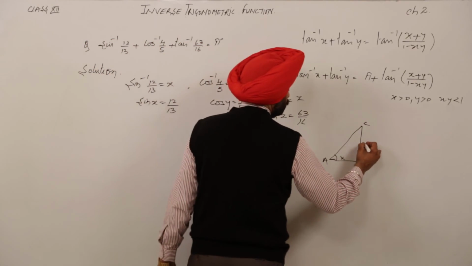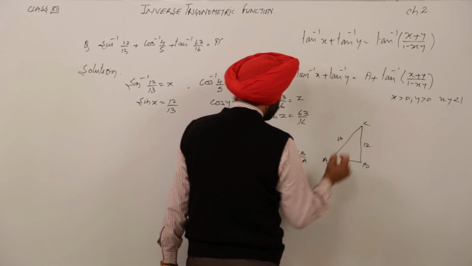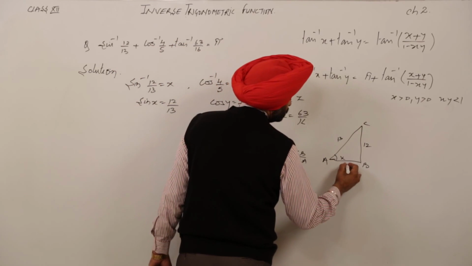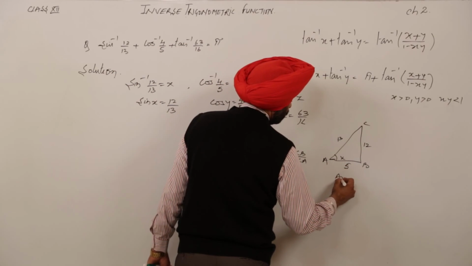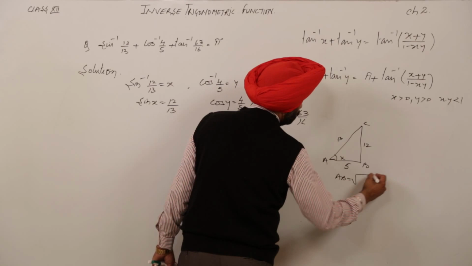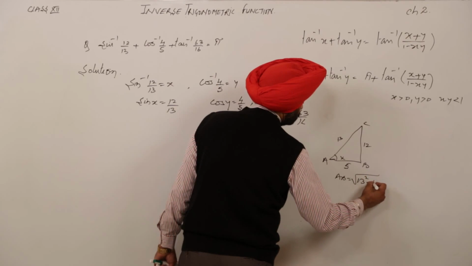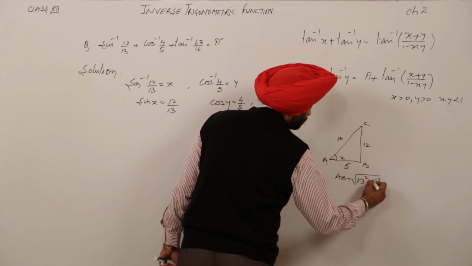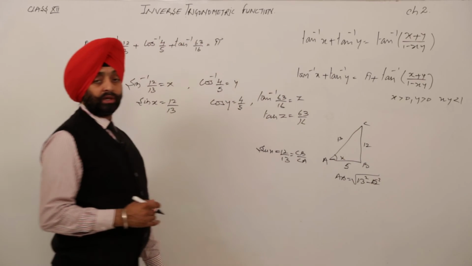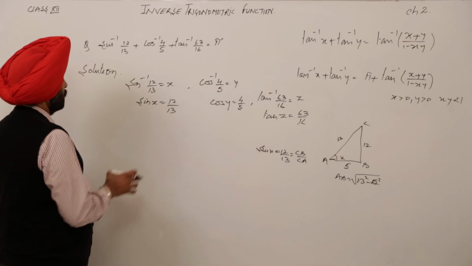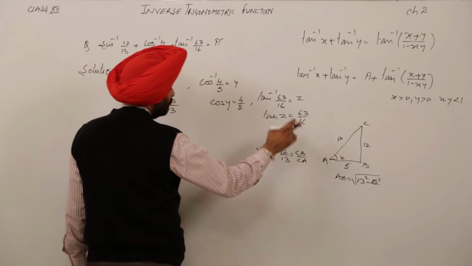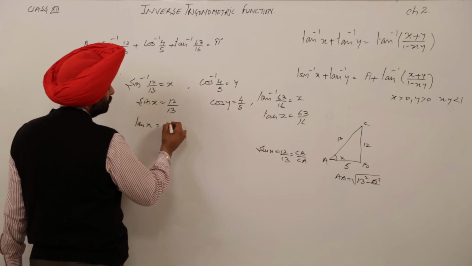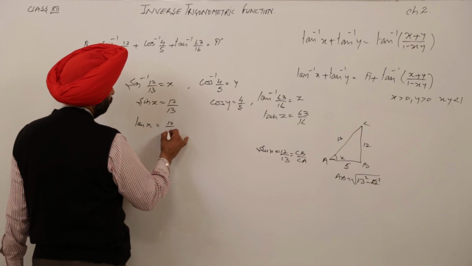So this is 12, this is 13, and by using the Pythagoras theorem AB is the square root of 13 square minus 12 square, which is 5 square, that is 5. Now sin x is 12 by 13, so we get tan x is equal to 12 by 5.